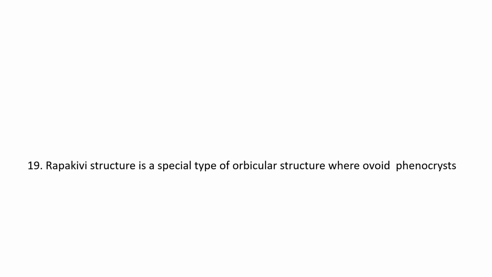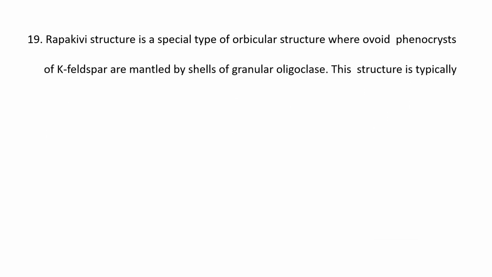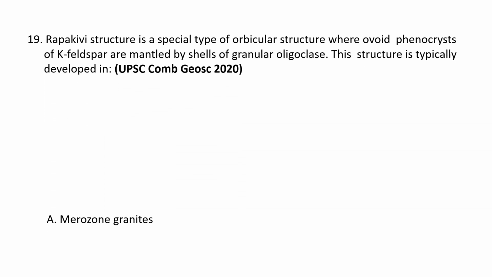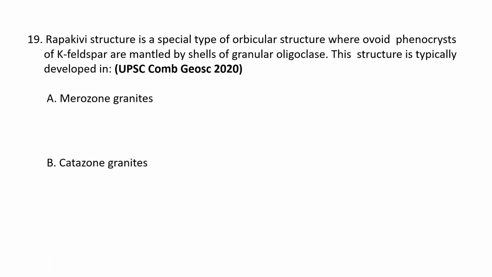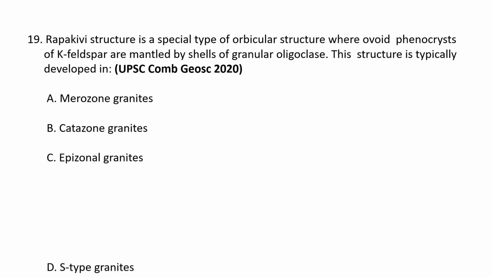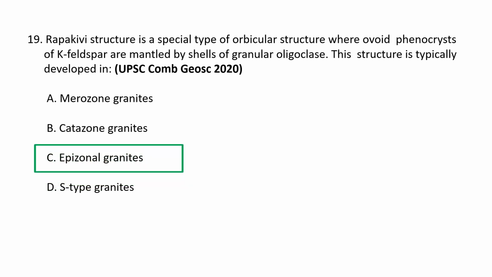Next question. Rapakivi structure is a special type of orbicular structure where ovoid phenocrysts of potash feldspar are mantled by shells of granular oligoclase. And this structure is typically developed in A, merozone granites, B, catazone granites, C, epigonal granites, and D, S-type granites. So the correct option is epigonal granite.